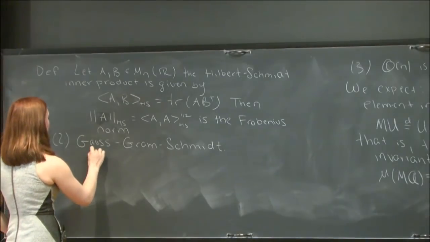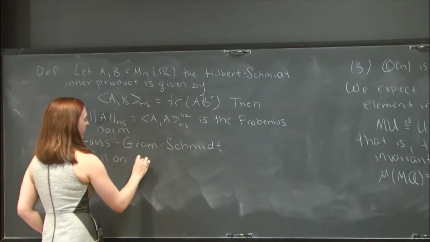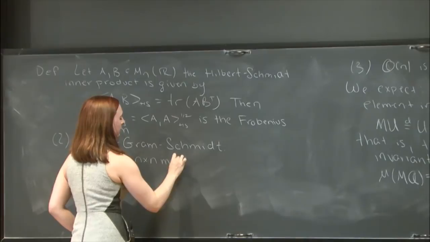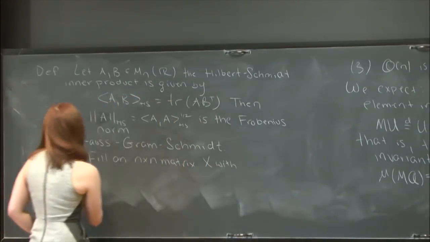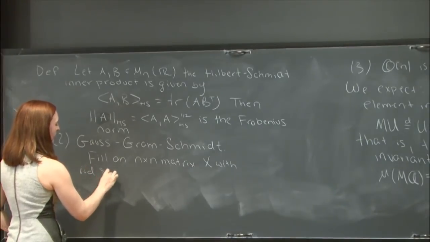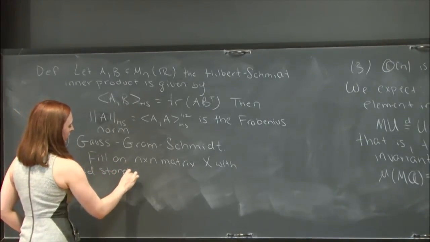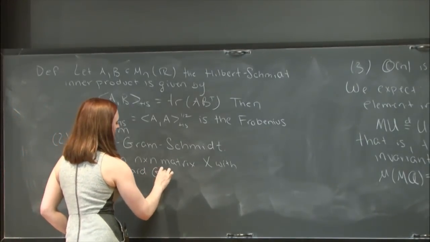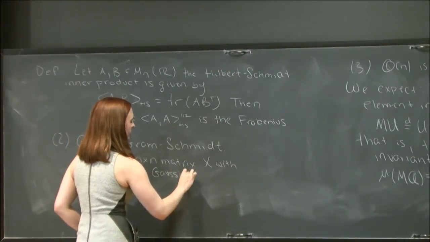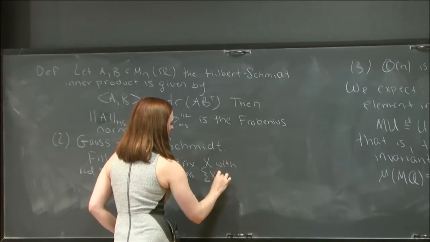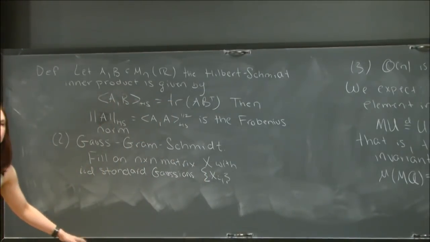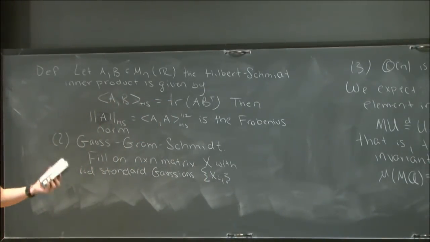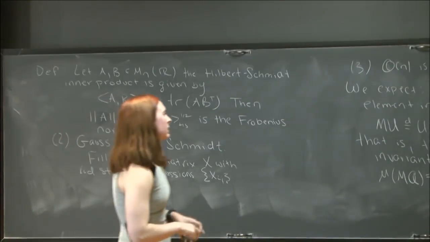So I'll fill an n by n matrix X with IID, independent, identically distributed, standard Gaussian entries, and I'll denote these as a set Xij. Then it's pretty fast to check that this matrix has a translation invariant distribution.